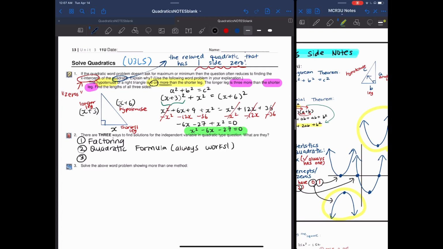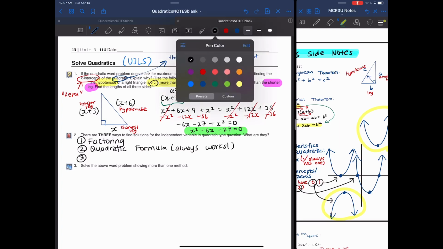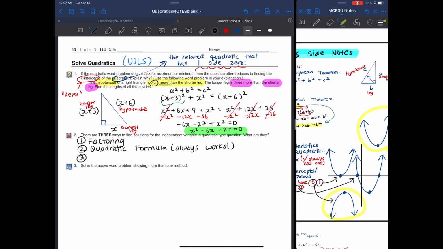Okay, so 3. The third way that you could find the solution is BEDMAS backwards. And this only works if the variable appears once. What that means is that you're basically in vertex form. In factored form, you have 2 x's that appear.